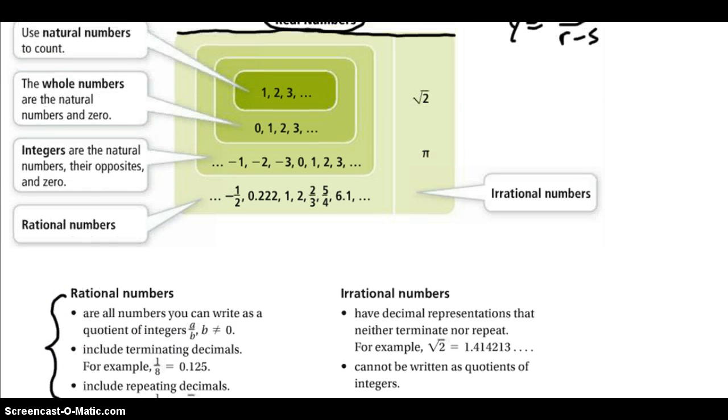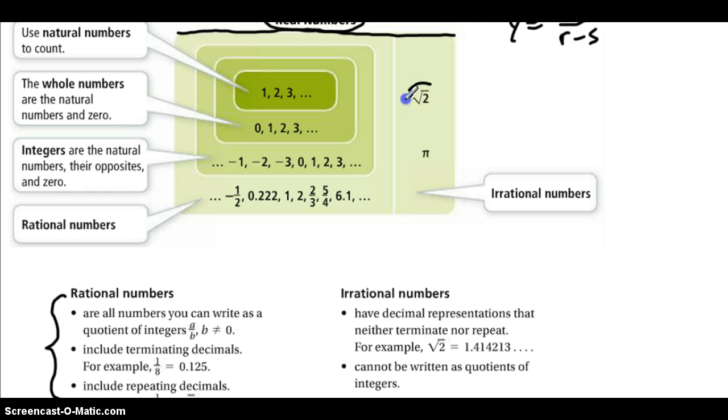Irrational numbers, in other words, the other half of rational numbers, if you will, are numbers that cannot be written as a fraction. They can be written as a decimal value, but they do not terminate nor do they repeat. A prime example would be radical 2. You can see that the decimal value here does not repeat and does not terminate from the dot, dot, dot.